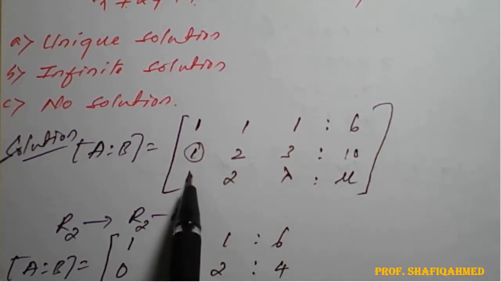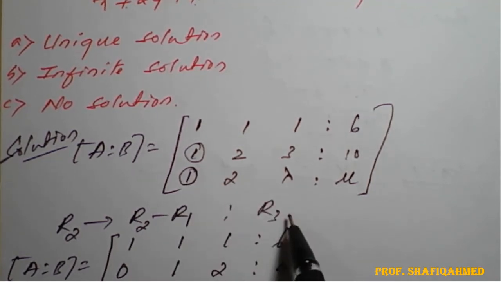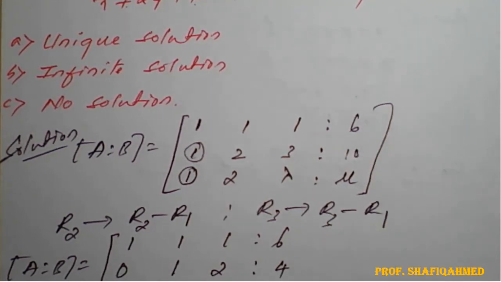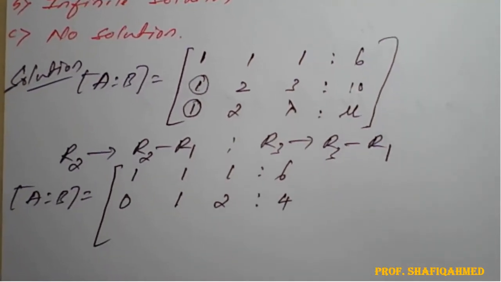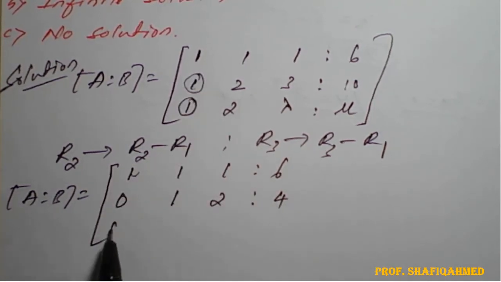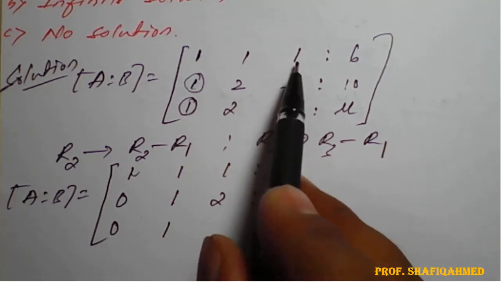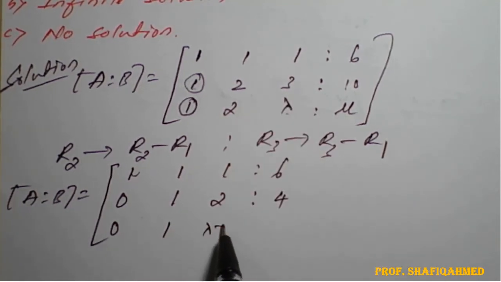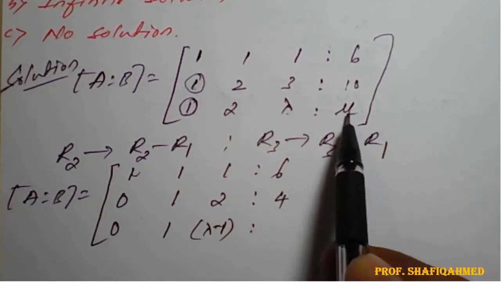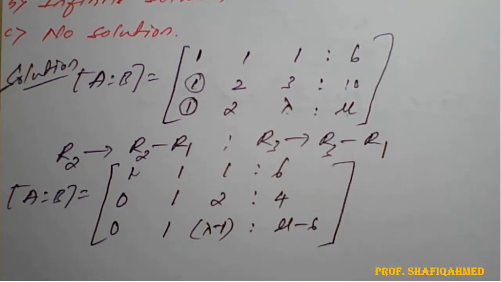Next, to make the third row's first element 0, the formula is R3 equals R3 minus R1. The third row becomes 0, 1, lambda minus 1, equal to mu minus 6.